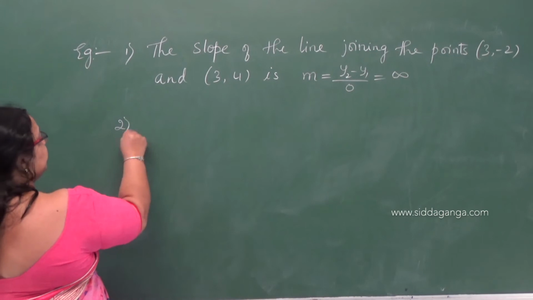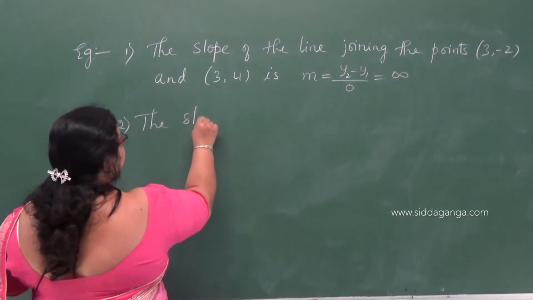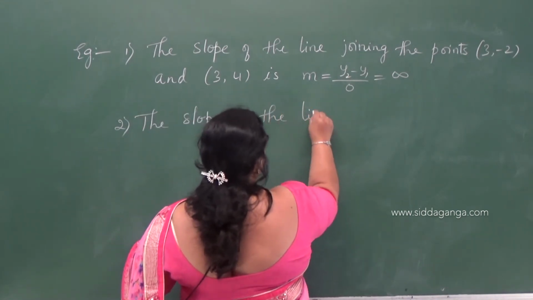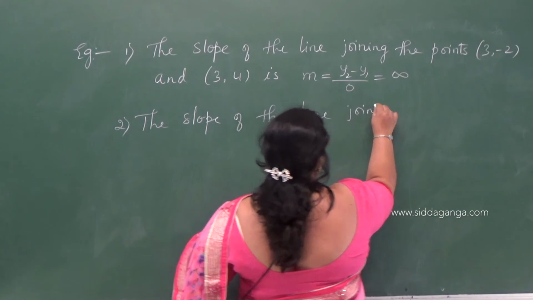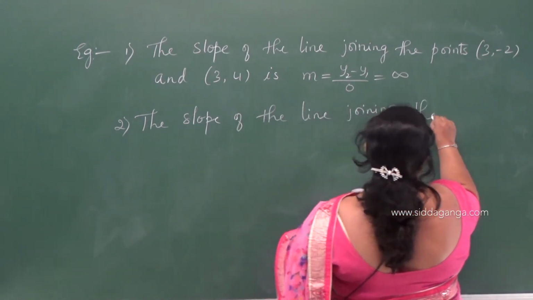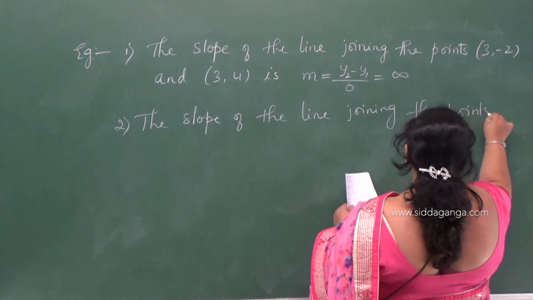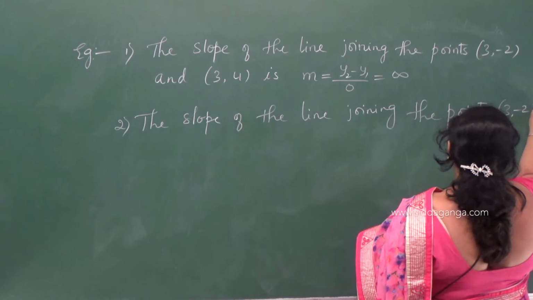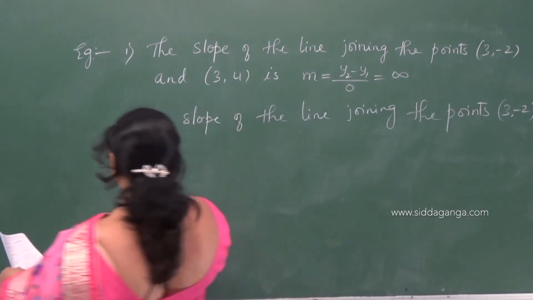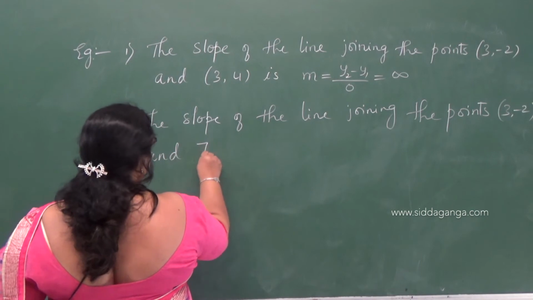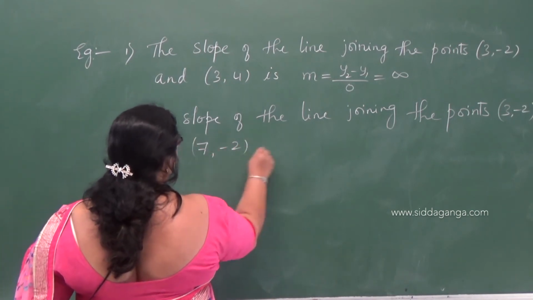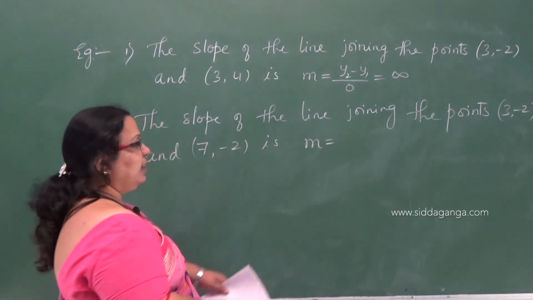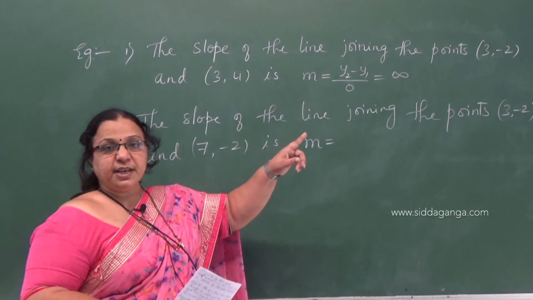Now similarly another example: the slope of the line joining the points (3, minus 2) and (7, minus 2). Here the y coordinates are the same.